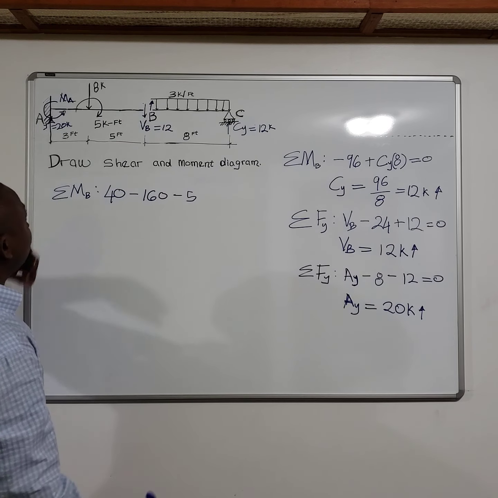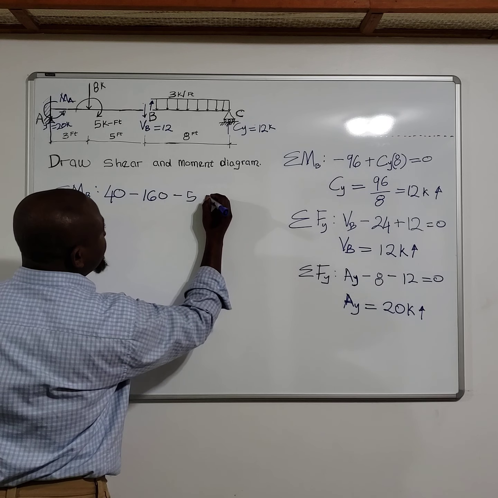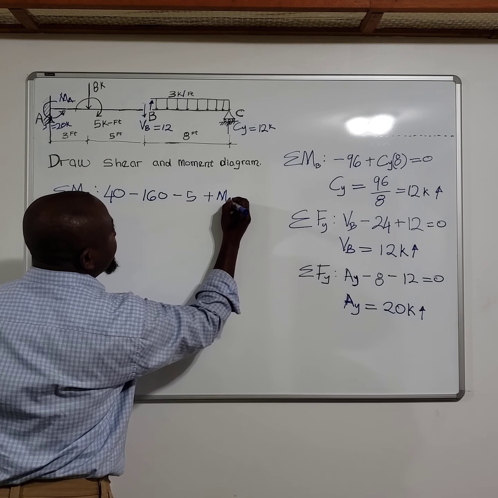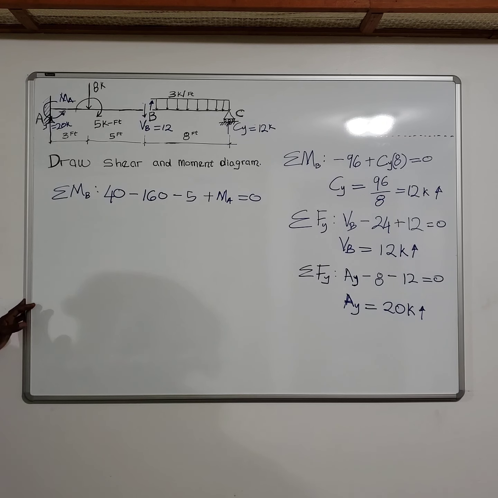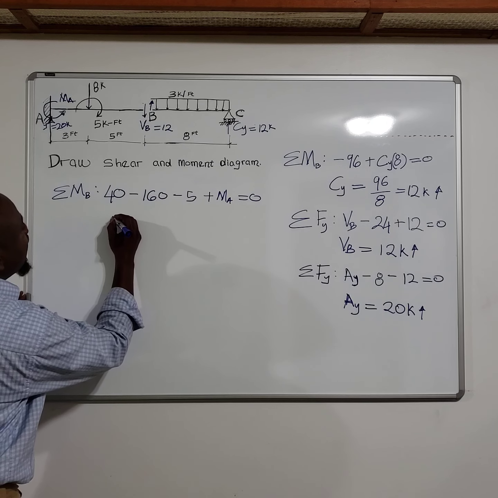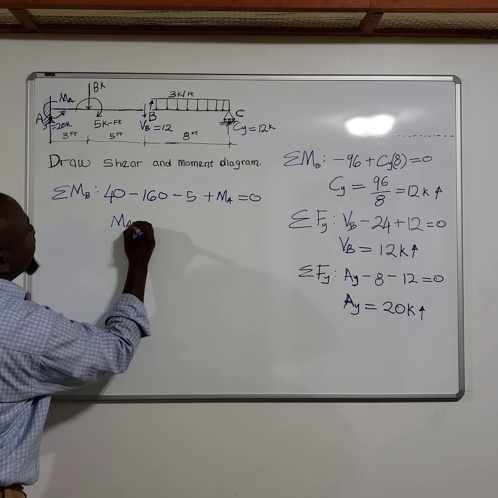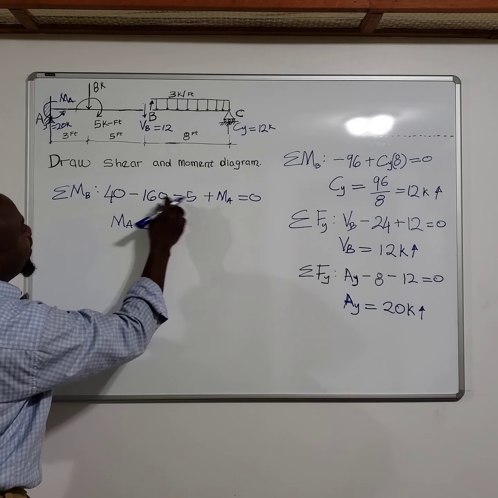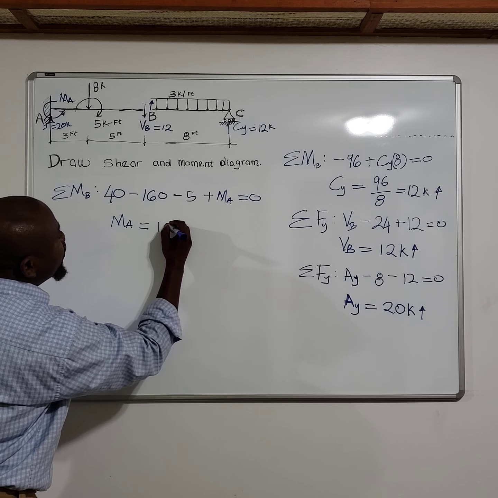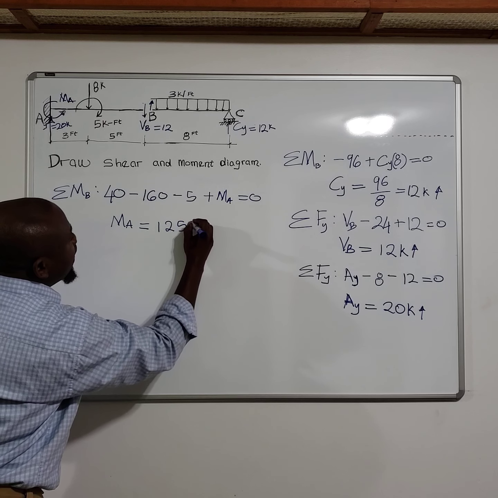And then we have MA, which I said assume is positive, plus MA equals 0. Okay, when you do this maths, you realize that MA will be 125 kip-foot.